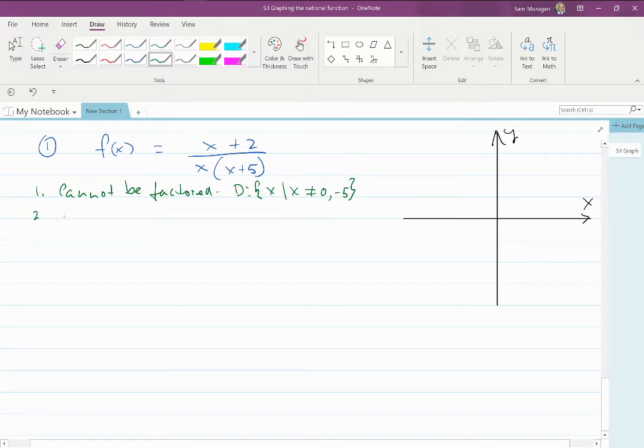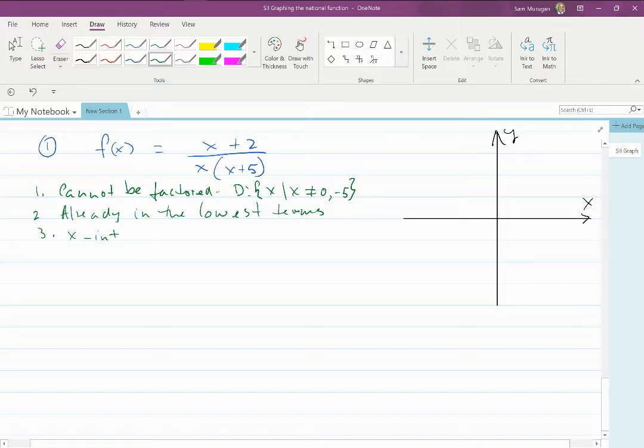This is already in the lowest terms. Step 3. The x-intercept.